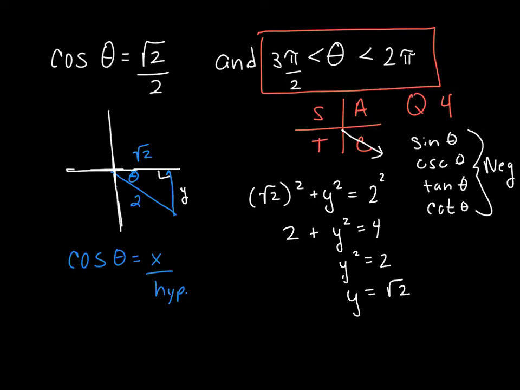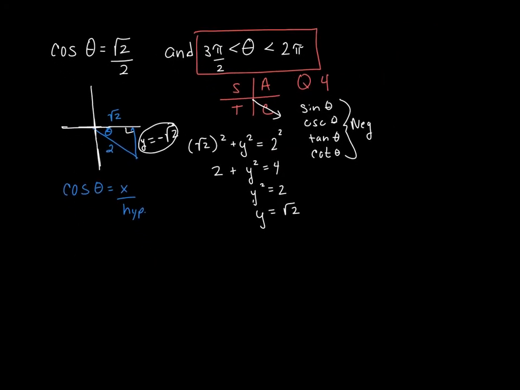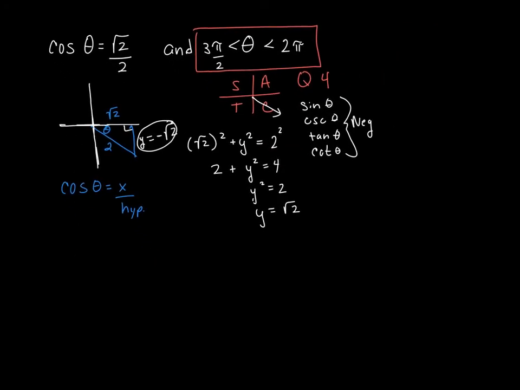Now, in this case, y is down. That's going to give us a negative square root of 2. If you don't put the negative in there, just be very careful, and when you write your final answers, you can add that in. All right, let's find the remaining trig functions. We started with the cosine of theta equal to the square root of 2 over 2.